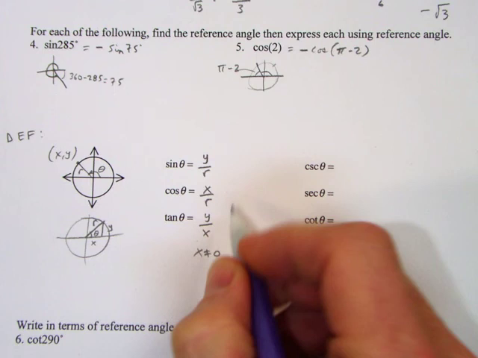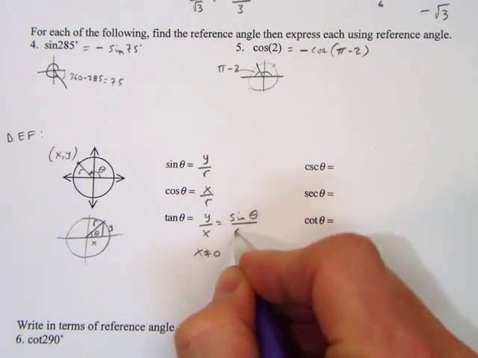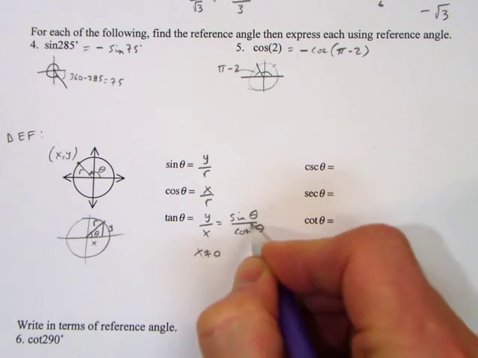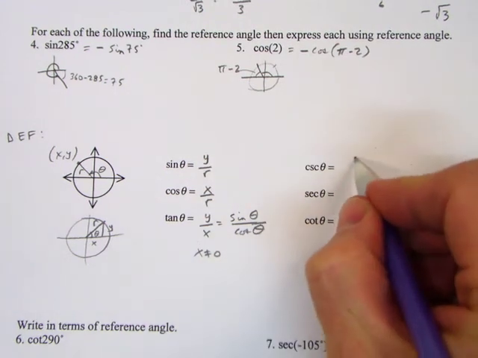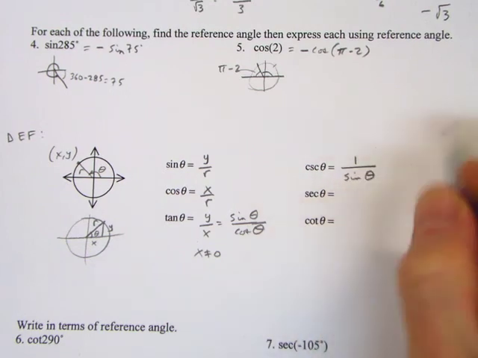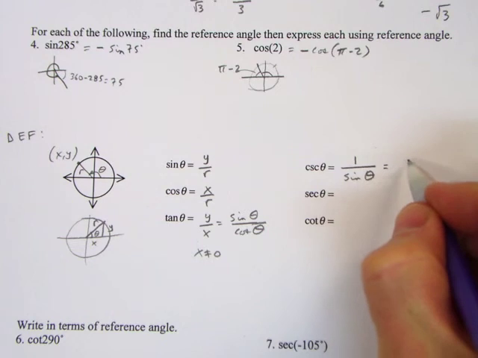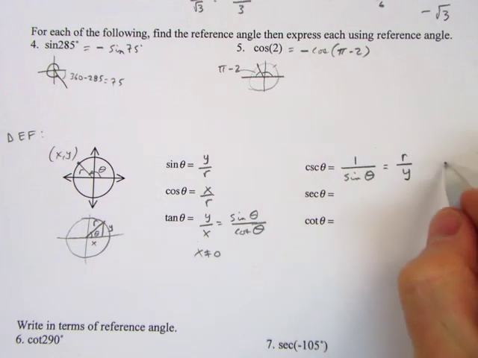Now we already know as well that this can be written as the sine of theta over the cosine of theta. Now I'm going to do this just a little differently. Cosecant is 1 over the sine of theta, the reciprocal of sine, so it's going to be r over y. And over here, y cannot be 0.